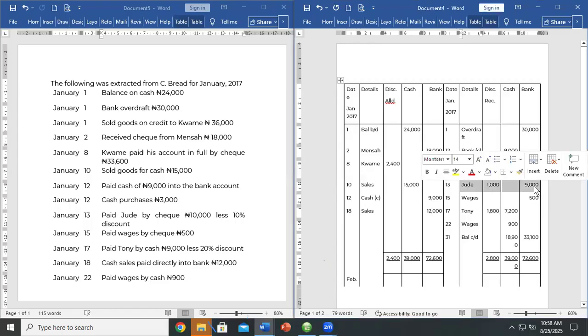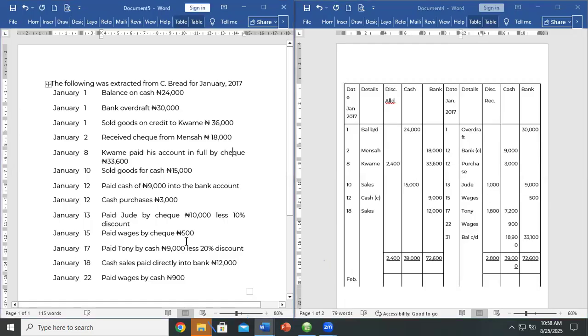Okay. You have paid wages by check. No issue, we credit our cash book. You have paid Tony by cash, 9,000 less 20% discount. Okay, so here is another percentage. You multiply the 20%, and that'll be 1,800. So you show that 1,800 discount and then the net amount under the cash column, because the transaction was in cash.